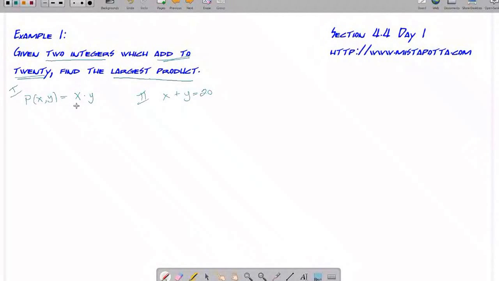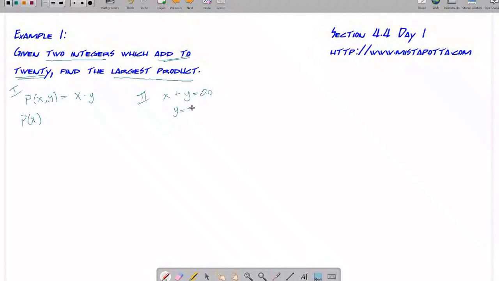The third thing that I'm going to look at is how can I use the restriction to rewrite this, instead of a relation of x and y, to just being one function, having one independent variable. And we're used to x being our independent variable, so I really want this to be just a function of x, which means I need to find some way to get rid of this y.